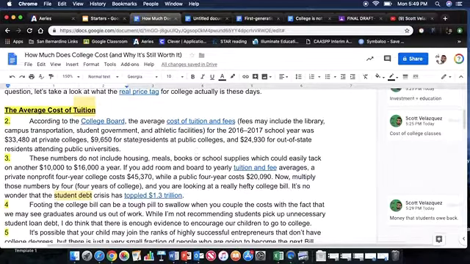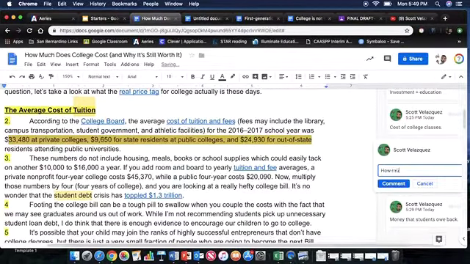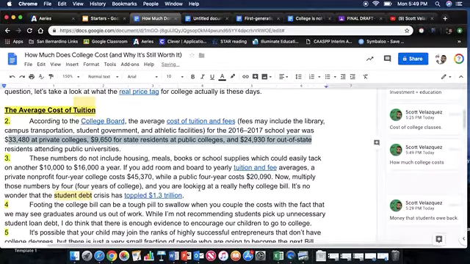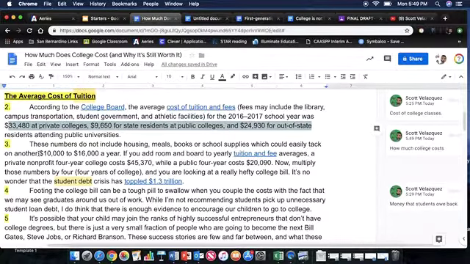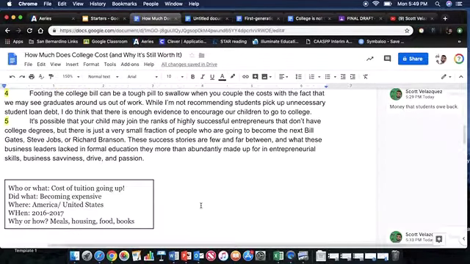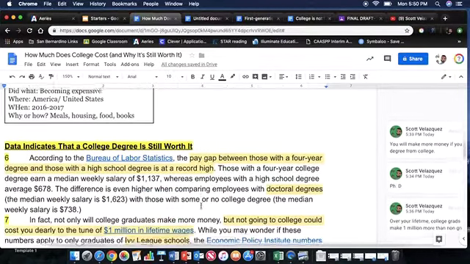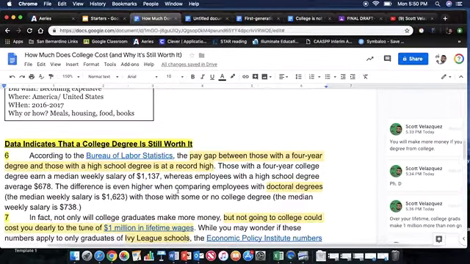So if I were you, I would highlight this sentence here that talks about how much college costs. Okay, then maybe you want to go down and highlight how much it costs when you add food and supplies and books.